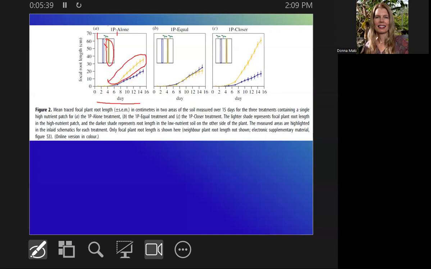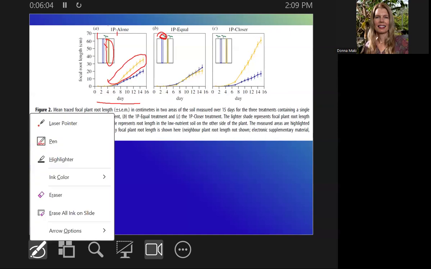And so they were showing that when you have a neighbor plant in the mix now, you would think this plant, the left plant, what's it going to do? You would think it might want to grow toward the high nutrient patch off to the right in this case.